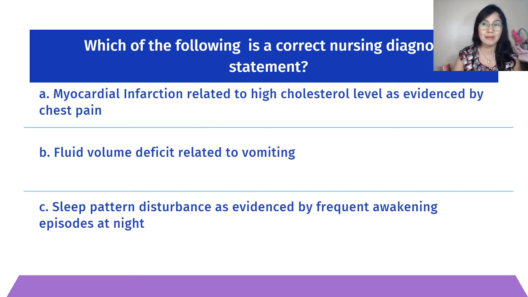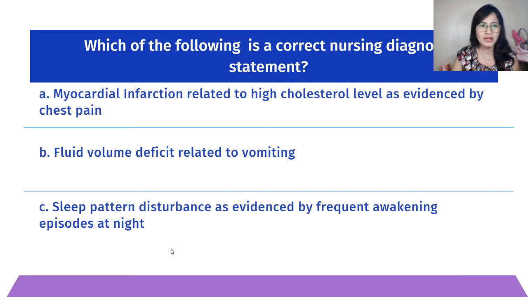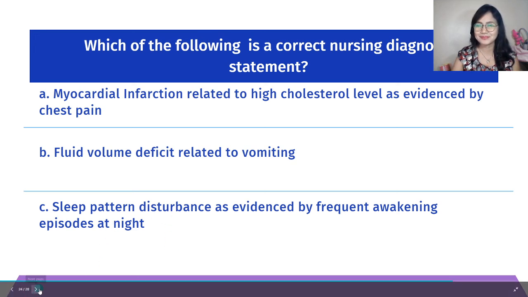Myocardial infarction, by the way, is also known as heart attack. B. Fluid volume deficit related to vomiting. And C. Sleep pattern disturbance as evidenced by frequent awakening episodes at night. So, what do you think is the correct statement here?